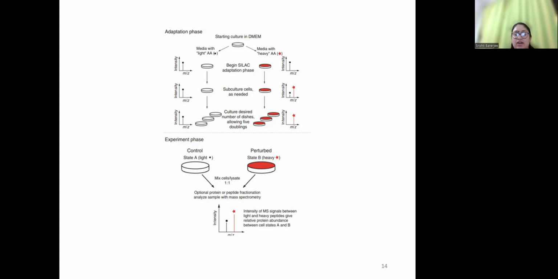That is the concept: in order to enrich a particular fraction or to have more coverage, we do these different labeling techniques, which in a normal scenario wouldn't be detected. Now, there are setbacks to this. What could be the loopholes of this process? Any idea for SILAC?